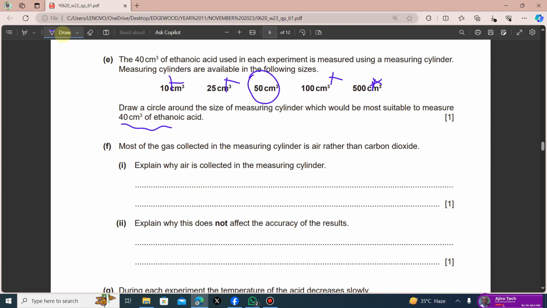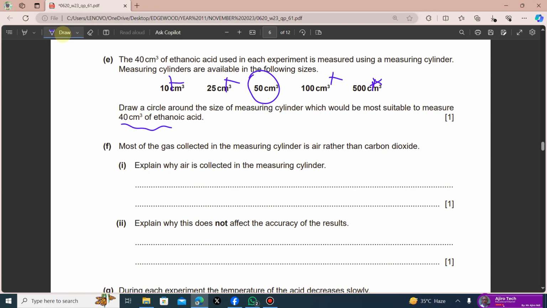Most of the gas collected in the measuring cylinder is air rather than carbon dioxide. Explain why air is collected in the measuring cylinder. So air is usually collected in the measuring cylinder so that the gas collected will simply displace it. And we need that so that we can properly measure the volume of gas that has been produced.